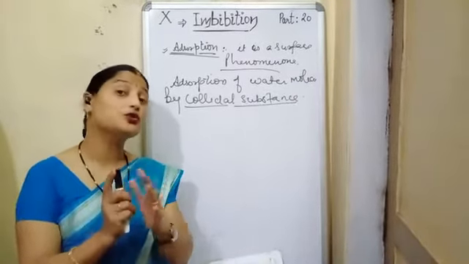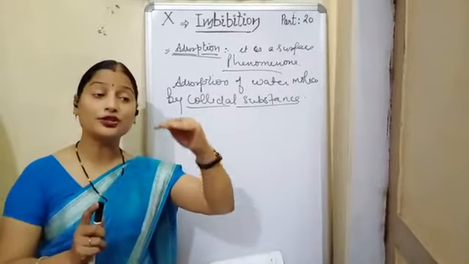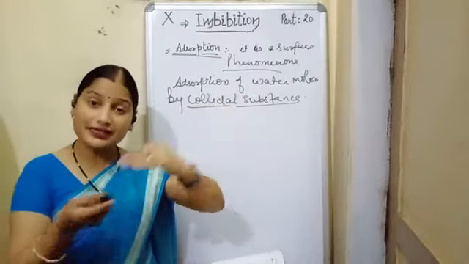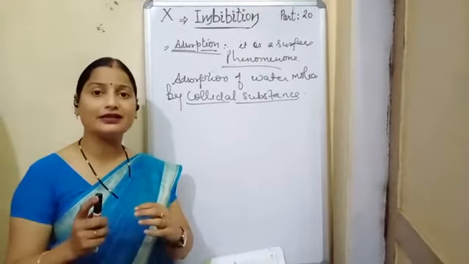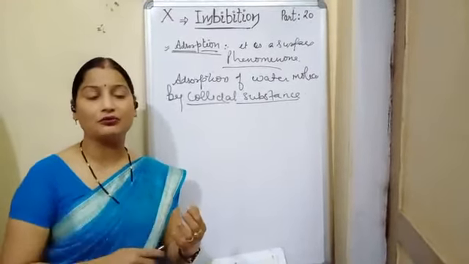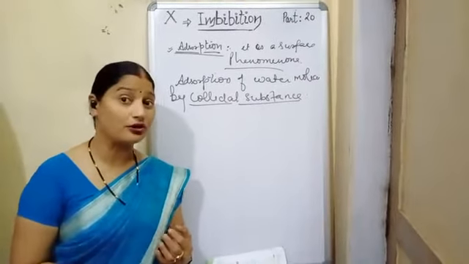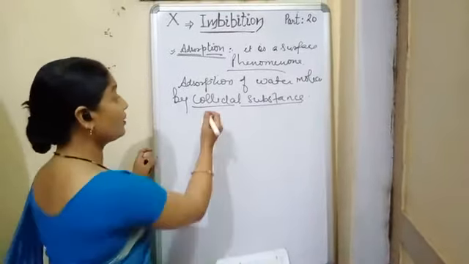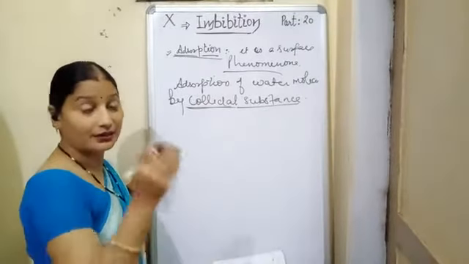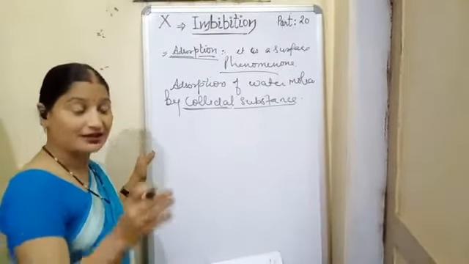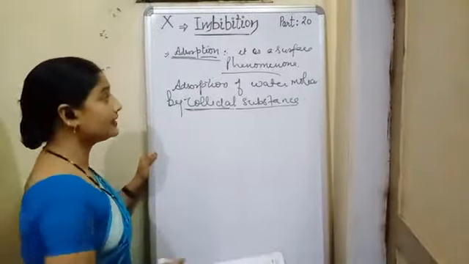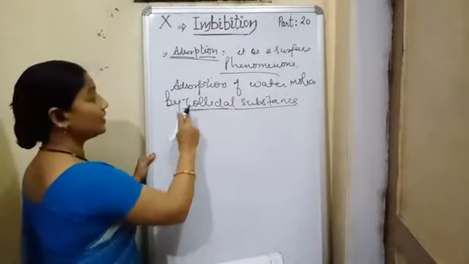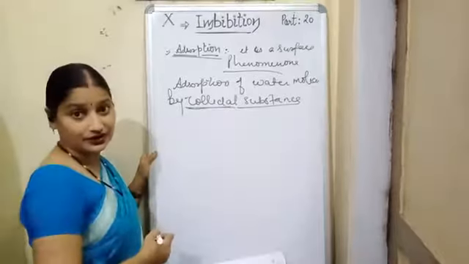And in between the two, when the molecules of solute are mixed into the solvent in such a way that it looks completely dissolved, but actually it does not dissolve, this is called a colloid. The particles or substances appear to be mixed into the water, but actually they are not. So we can say that adsorption of water is done in colloidal substances.